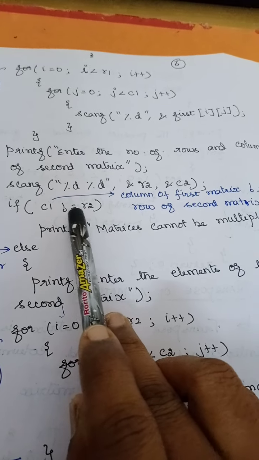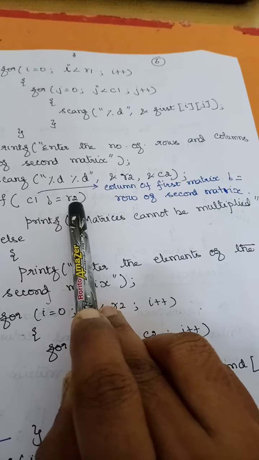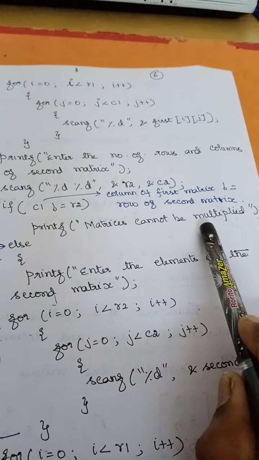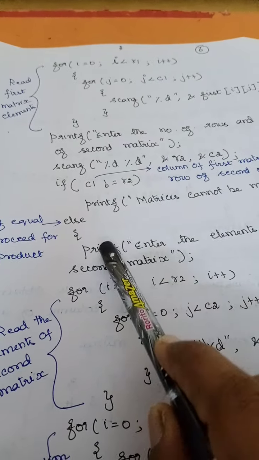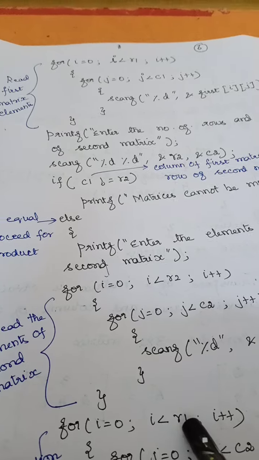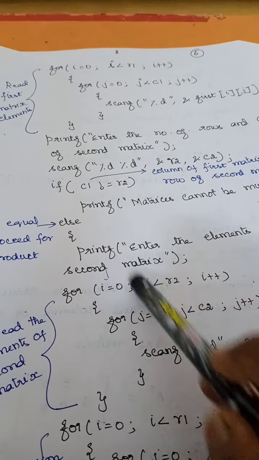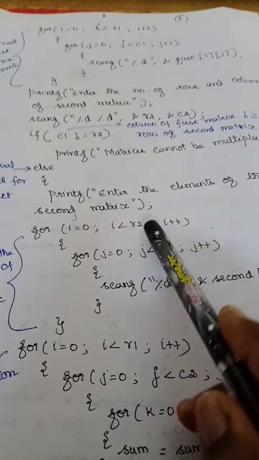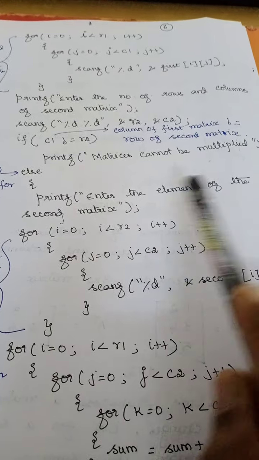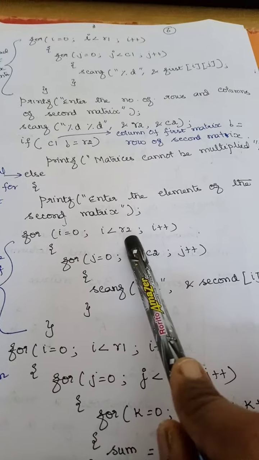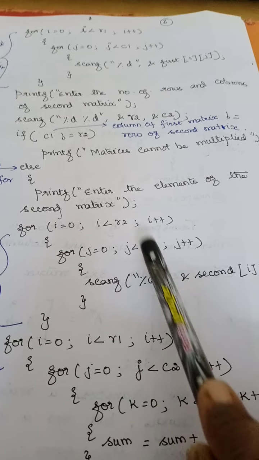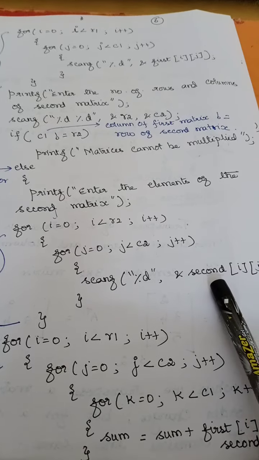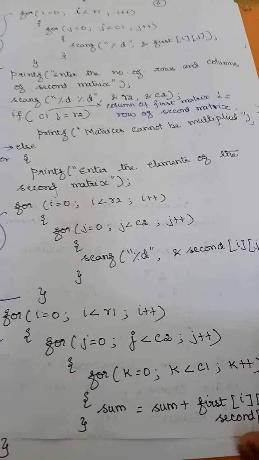So if it is not equal to the row of the second matrix, then you need to print that matrices cannot be multiplied. Else I can do the multiplication, right? Else I can continue with my matrix multiplication. Then only I am going to read the elements of my second matrix. So again, as I told you, you need 2 for loops, R2, C2, this is for row, this is for column. I am reading the elements of my second matrix, right?